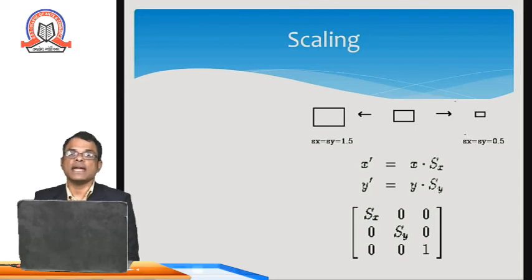Now this is my scaling matrix: Sx 0 0, 0 Sy 0, and 0 0 1. When I multiply this matrix with my original values, I get some new values, and that will be the scale that I can use for scaling a particular object.